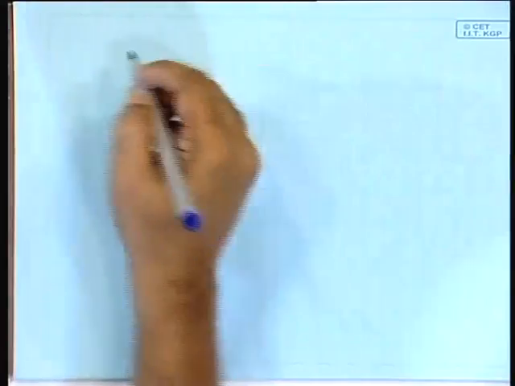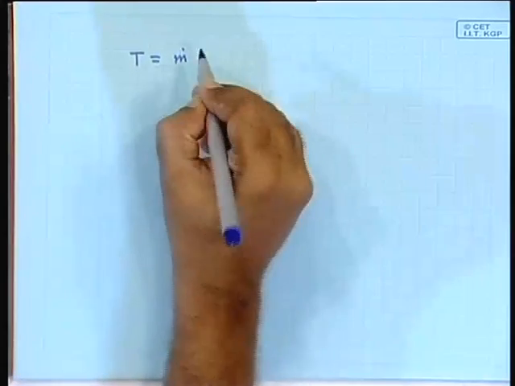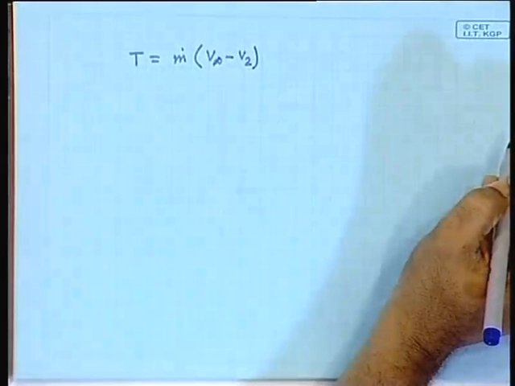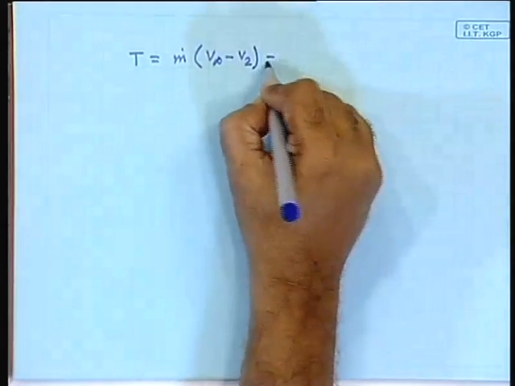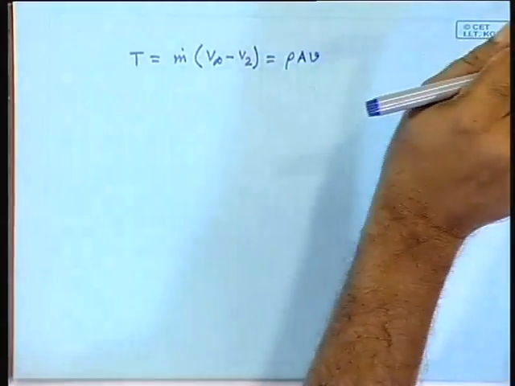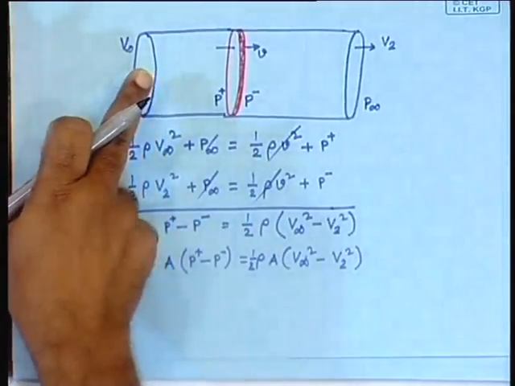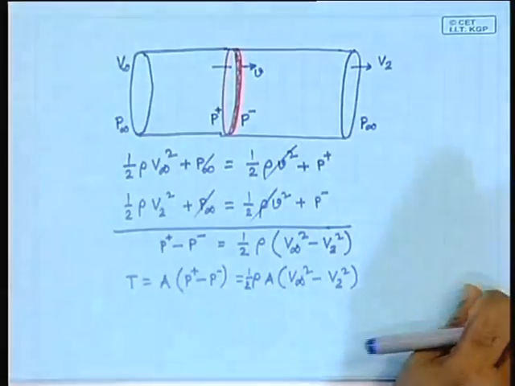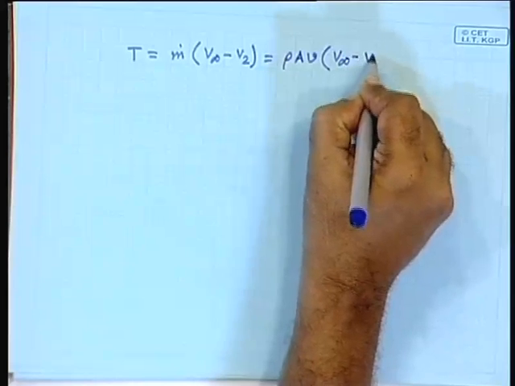The thrust can also be written as m dot times V infinity minus V2. Here m dot is rho A small v, that is the rate at which the air is passing. What is the rate of flow? It is this. And so, you have rho A small v times V infinity minus V2.